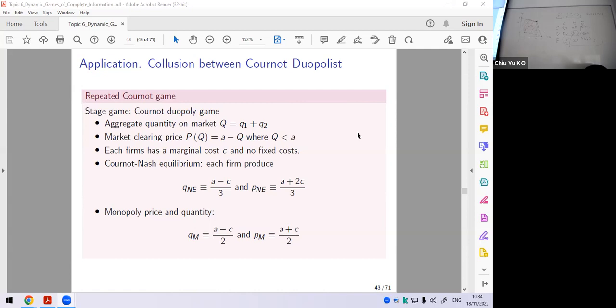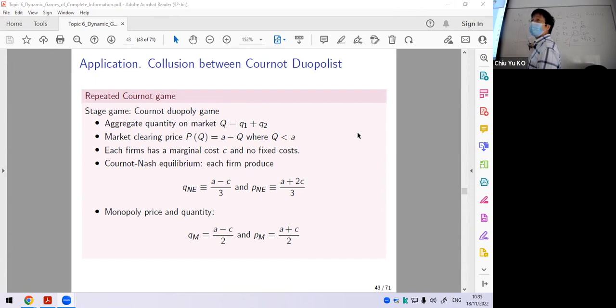Because if you recall the best response, maybe I can erase this one, right? So if you still remember, this is the game, Q1, Q2, this is A minus C, this is A minus C here, and I use a different color. Right, so that's why this is the best response, Q1, and that's why Q2 is not producing here.